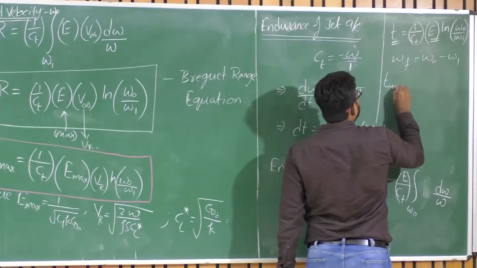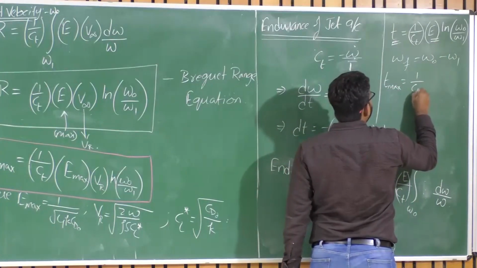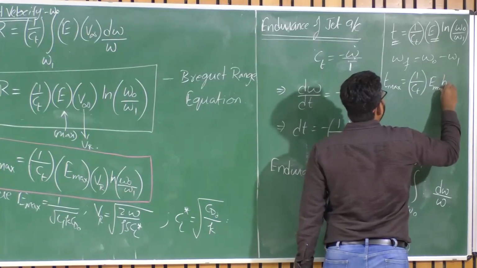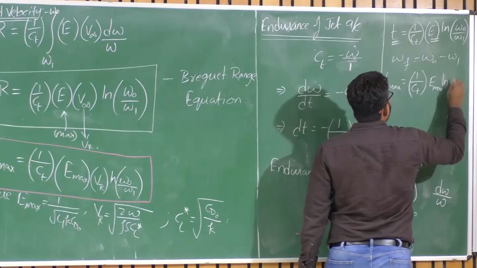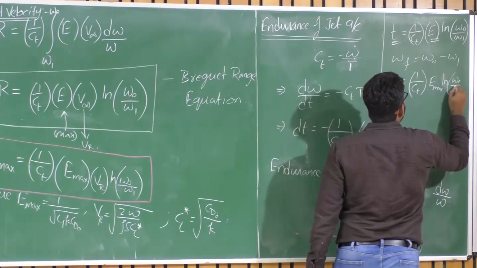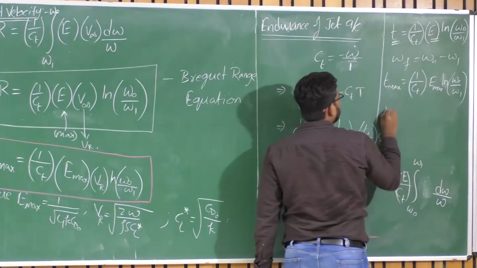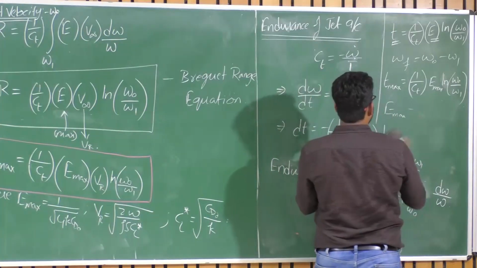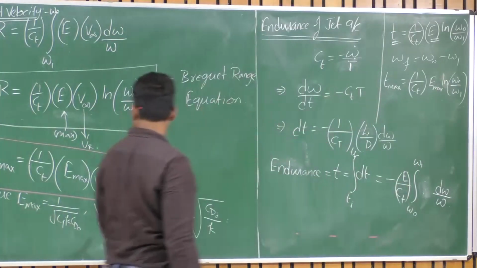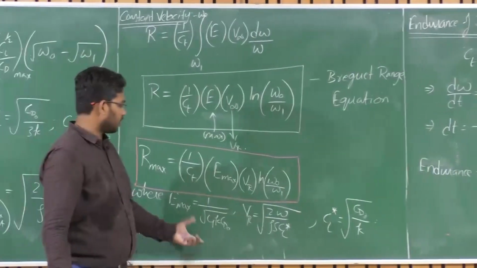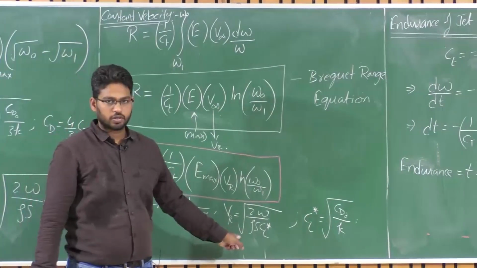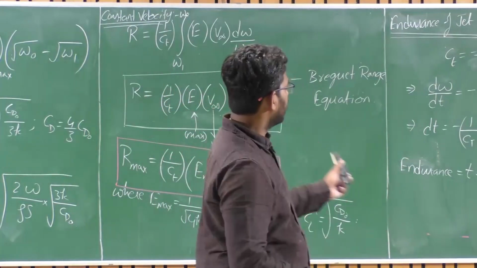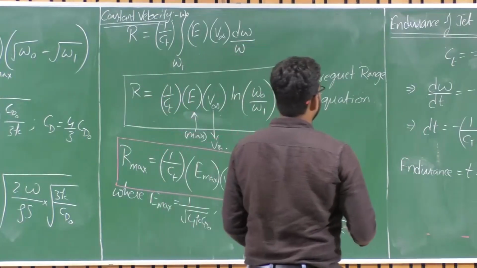So T max will be 1 upon Ct times E max times ln of W naught upon W1, where E max is 1 upon root over 4 k Cd naught, and the corresponding velocity will be the same velocity here. So this is the endurance and the maximum endurance of a jet aircraft.